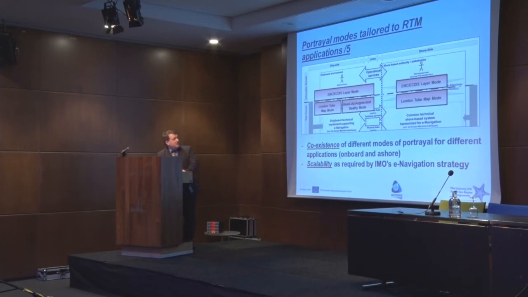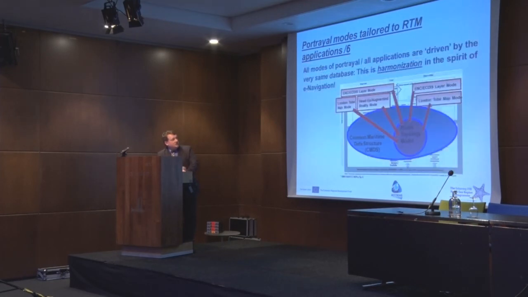This is the architecture model. The architecture figure, the well-known IMO architecture figure, and here you see the ENC, the London Tube Map, head-up display, certainly can coexist for different applications of shipboard tasks, and similarly in a VTS environment, for instance, on the shore side.